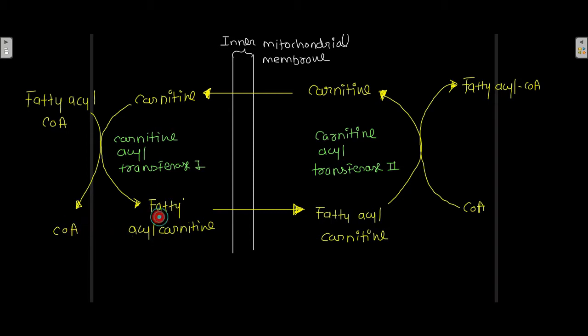Then this fatty acyl carnitine is transported, and then combines with coenzyme A, and it forms carnitine and fatty acyl coenzyme A. This reaction is catalyzed by carnitine acyl transferase 2, and then this carnitine again passes through the inner mitochondrial membrane.